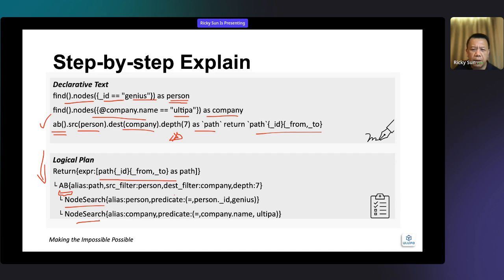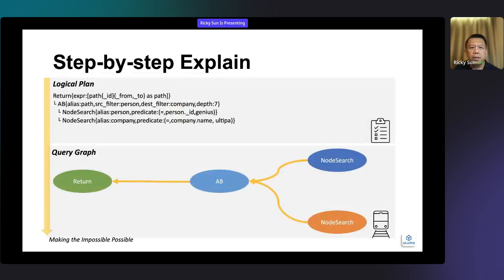We all know the predicate, right? Person, ID, and so on. So given the logical plan, we can see that we're going from right to left, right? We have 2 node searches combined to feed the AB path search and return the data, right?